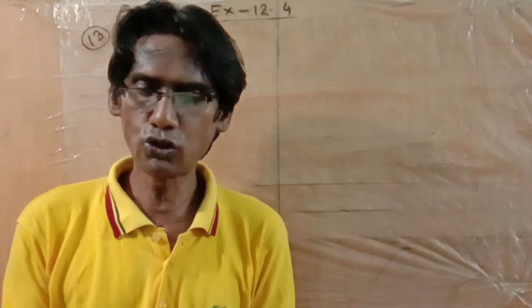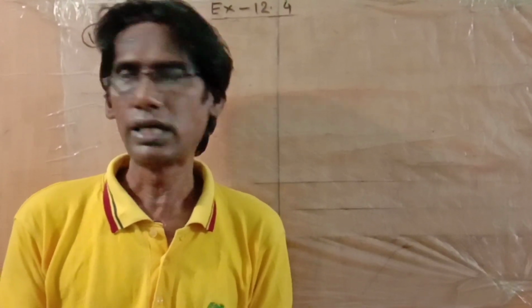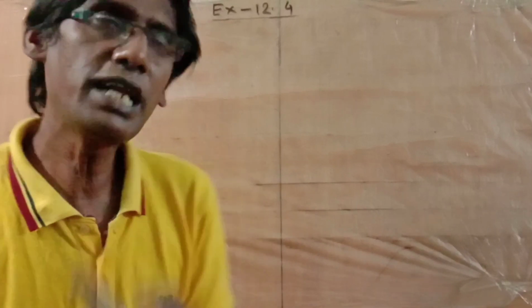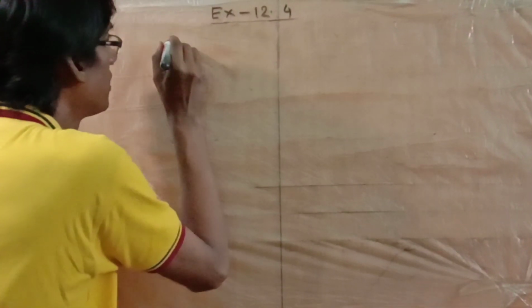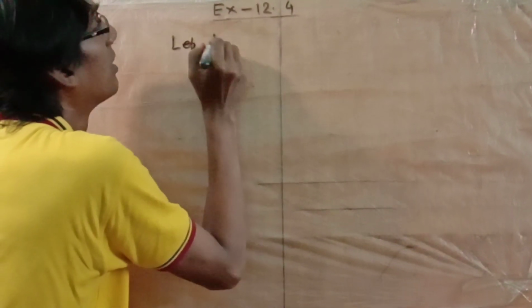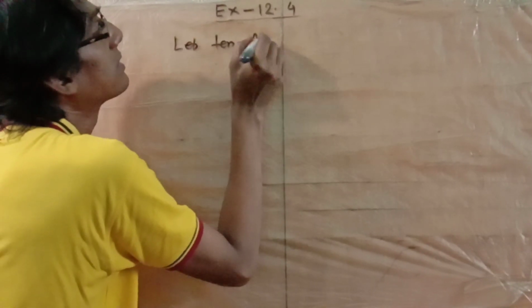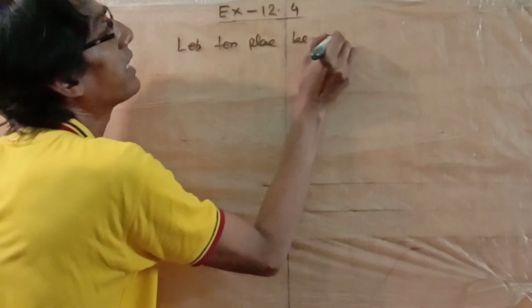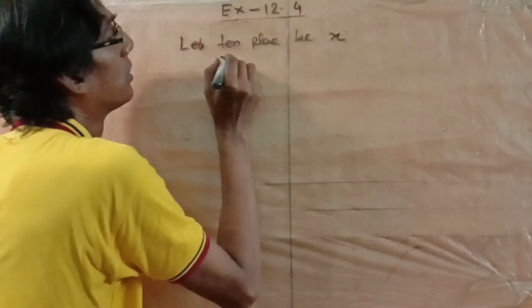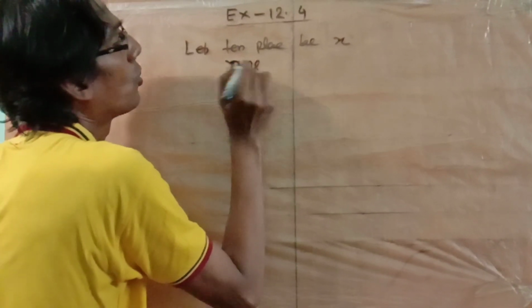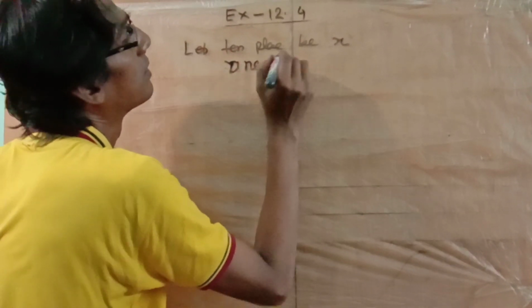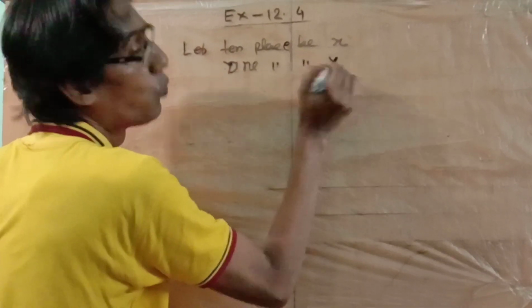So at first we assume the tens place and the unit place. Imagine the tens place of the number be x and the ones place or unit place be y.